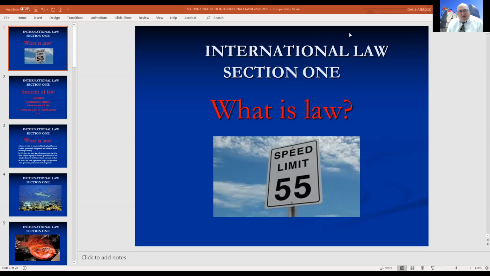And it seems very simple when we say, okay, what is law? Well, in your everyday world, you probably think a law is some kind of rule that is created by a governing body, like a speed limit.